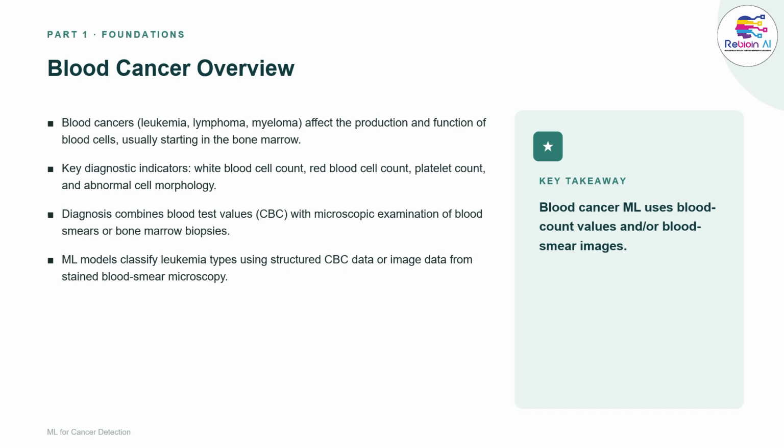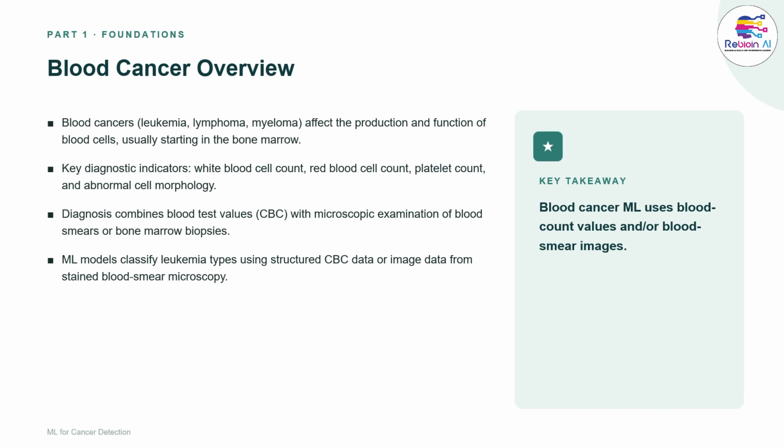What is blood cancer? Blood cancers can be leukemia, lymphoma, or myeloma. It starts when something goes wrong in how your body produces blood cells, usually inside the bone marrow, your body's blood cell factory. Doctors diagnose this mainly with a complete blood count, or CBC, which measures white blood cell count, red blood cell count, and platelet count.